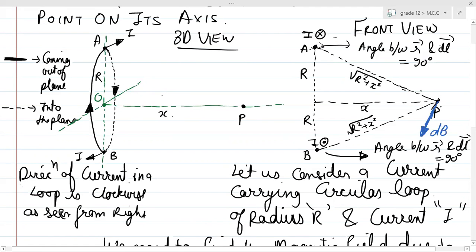This is the magnetic field due to A, yes or no? And similarly, due to B, it will point like this. Can you see both these magnetic fields are in the plane? Try to apply SSS or try to apply the right hand thumb rule, whichever is convenient for you.